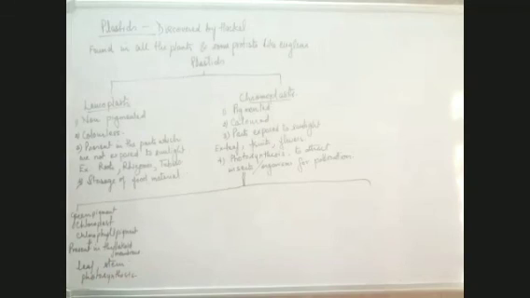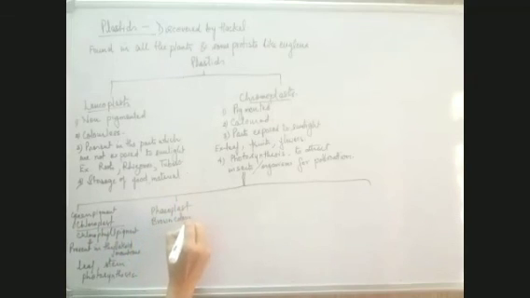Then we come to the next type of plastid, which is phaeoplast. The first one was chloroplast, then we come to phaeoplast. This is a brown colored pigment.